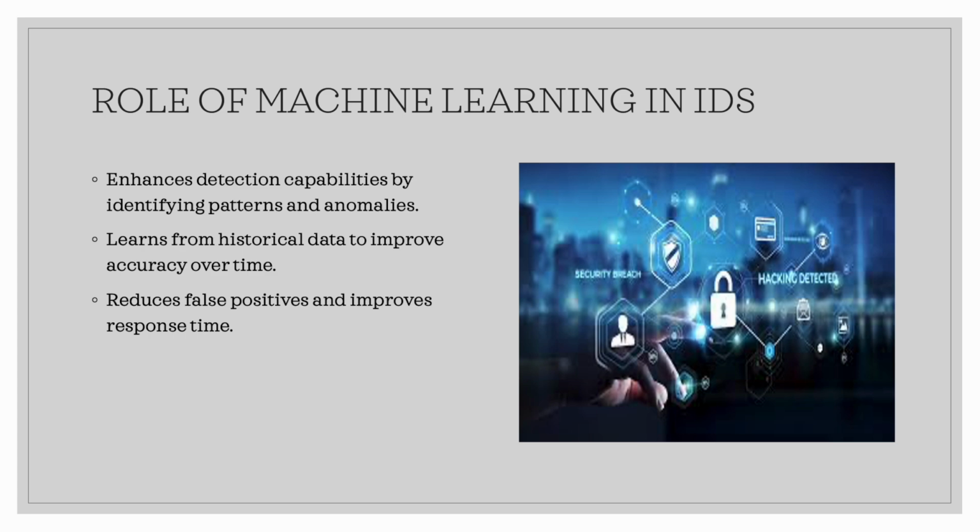Feature engineering identifies key data attributes to enhance intrusion detection accuracy. It reduces false positives and improves response time. Enhanced classification distinguishes between good and malicious activities with greater precision.